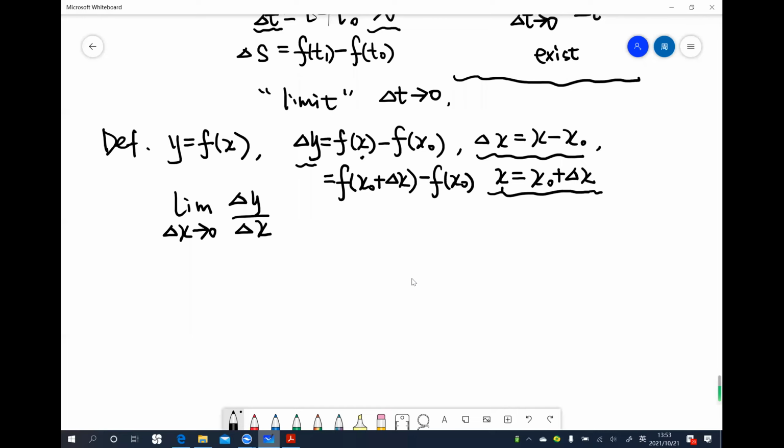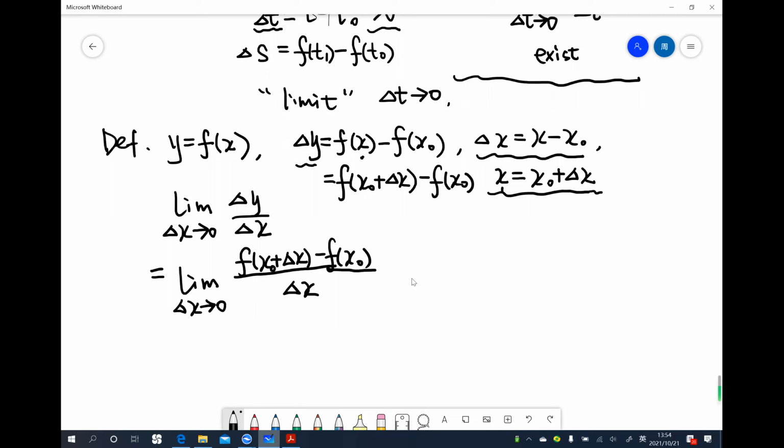So the expression is delta y over delta x, that is f of x0 plus delta x minus f of x0, over delta x. And as delta x approaches 0, if this limit exists, that stands for the rate of change.